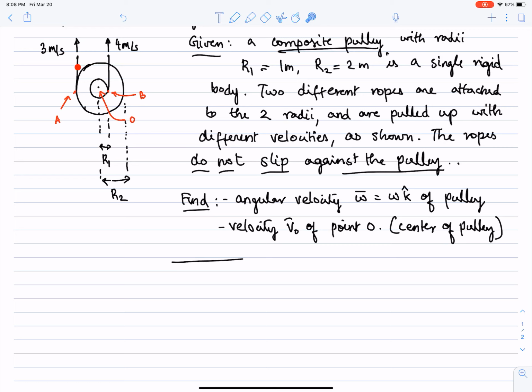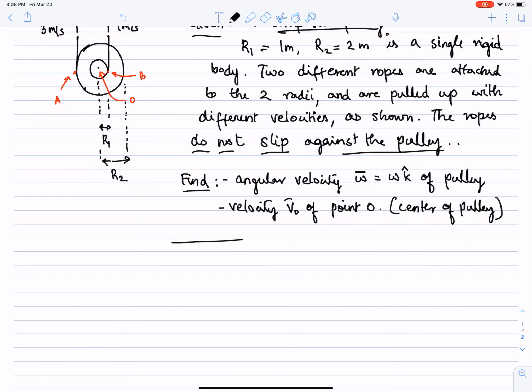And because the rope is inextensible, every point underneath that point is moving at 3 meters per second, including this point. So point A here on the pulley will also move at 3 meters per second, and that's what we mean by no slip. No slip means the 2 points move with the same velocity so that they do not have any relative velocity.